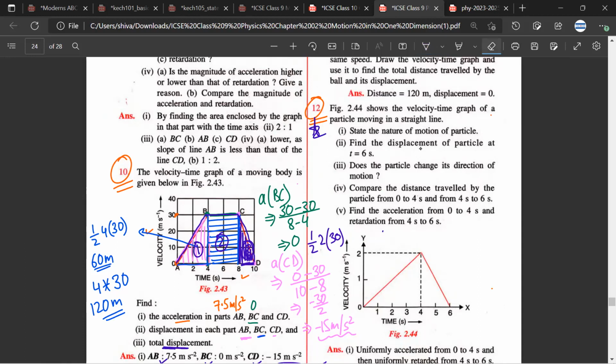Sir, in 12a, what to describe? Okay, can you send the message on chat?